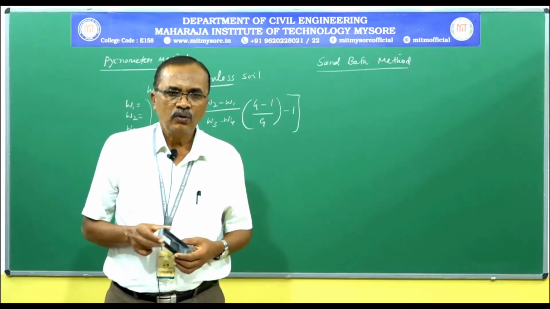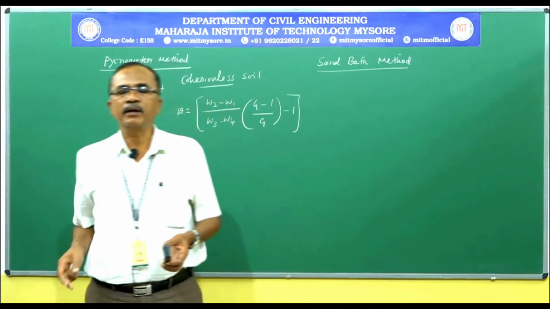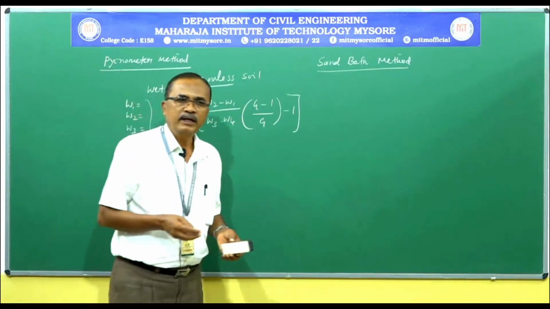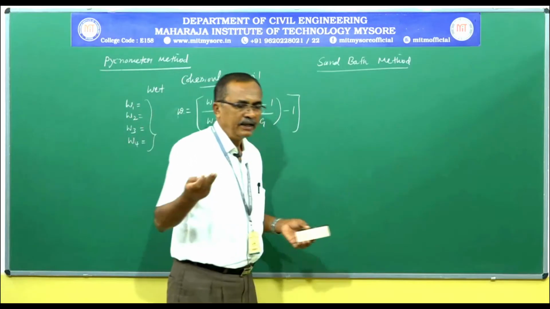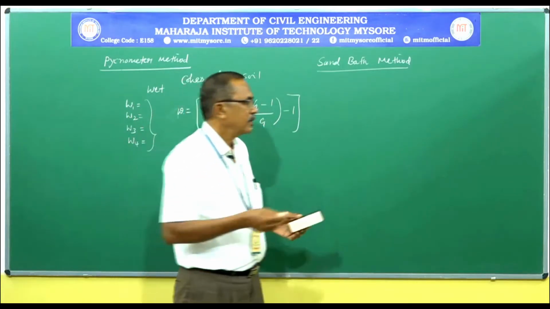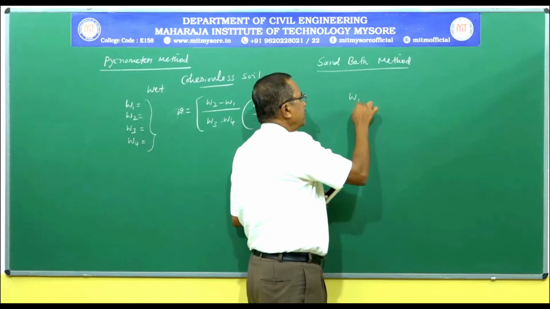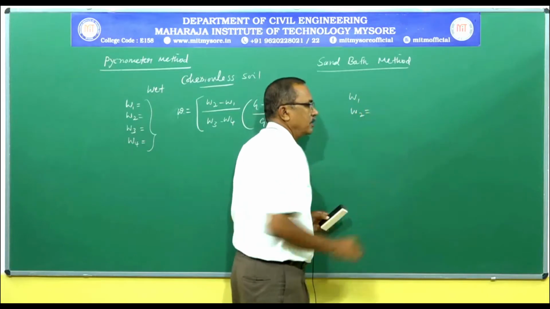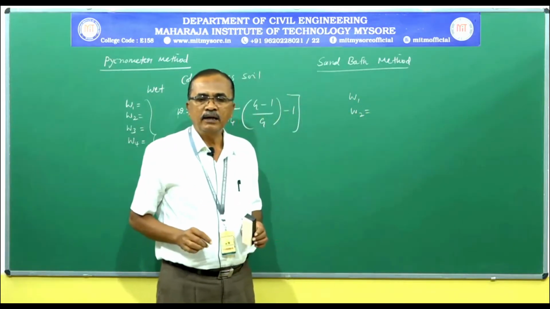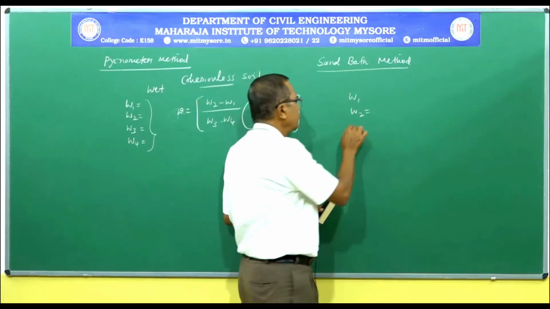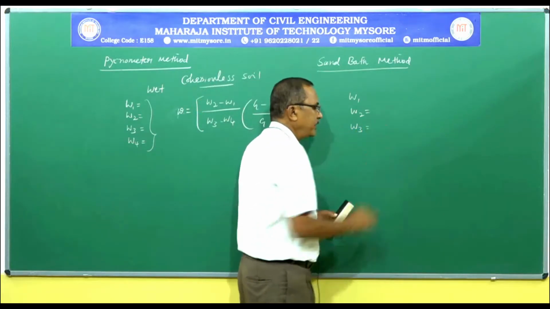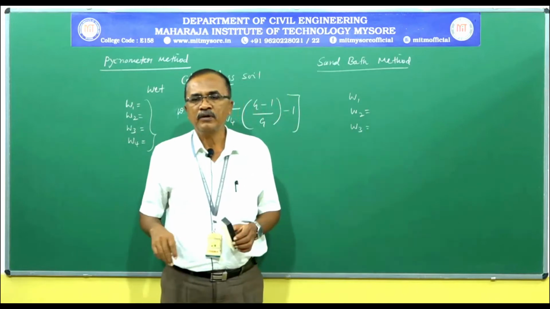So it is a simple procedure. Whatever container or can we use, W1 is the empty weight, W2 is the wet weight plus the can or container, and W3 is the dry weight after drying of soil.